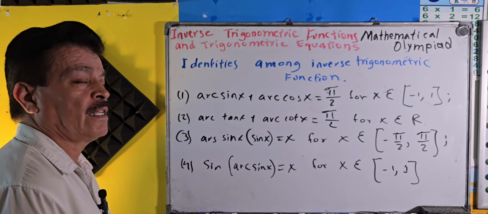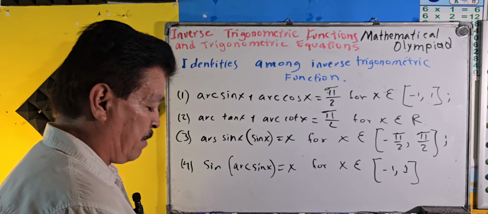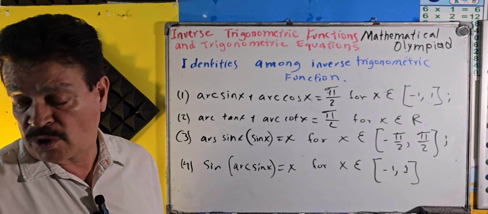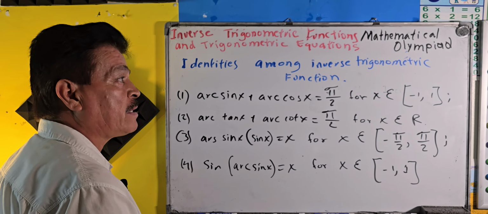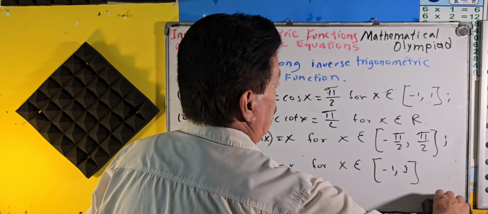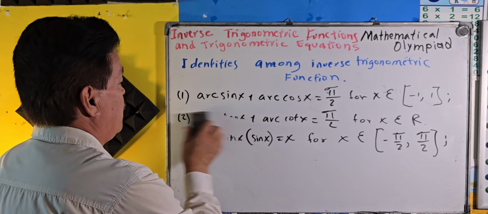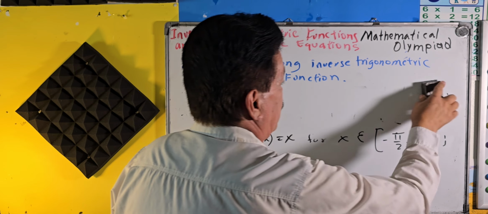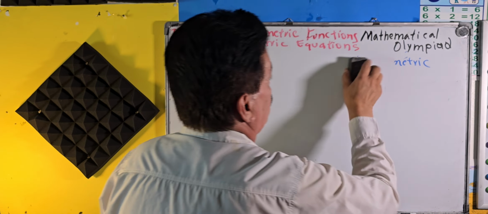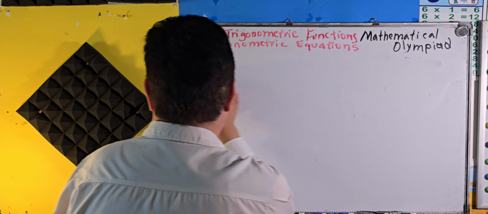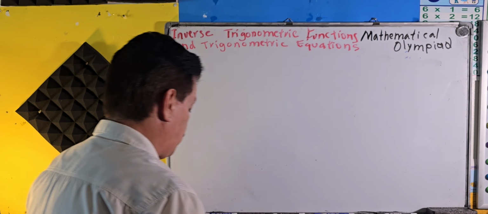Okay, four identities. So very important, remember these rules before solving Mathematics Olympiad problems. These are big tests, big challenges. But I would like to give you some clues before working on my mathematics problem.